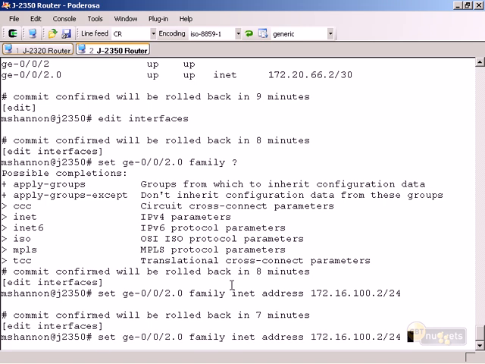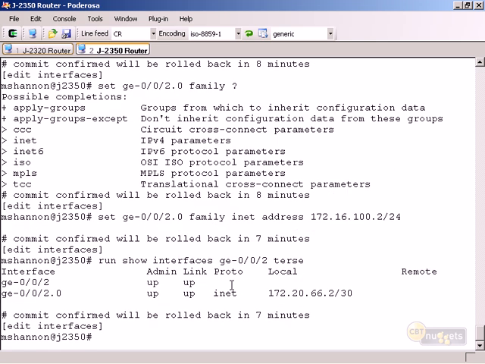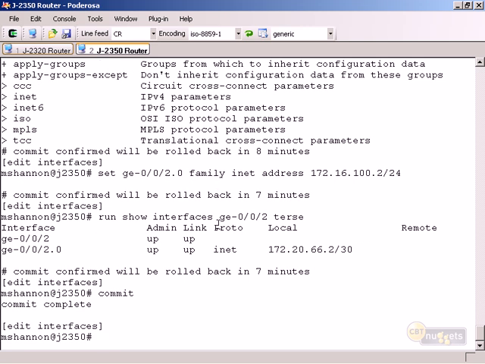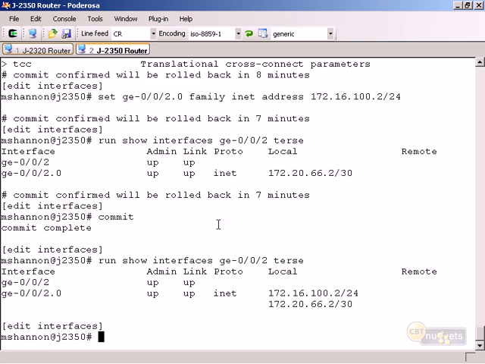Now, if we do that same command again, where we do a run show interfaces ge-0/0/2 terse, it's going to show us, oh, we have to commit that first. Let's go ahead and commit that, and then we'll roll it back. Okay, so now we'll do the terse command, and now we can see that on ge-0/0/2 unit 0 we have two IP addresses, 172.16.100.2/24 and 172.20.66.2/30.